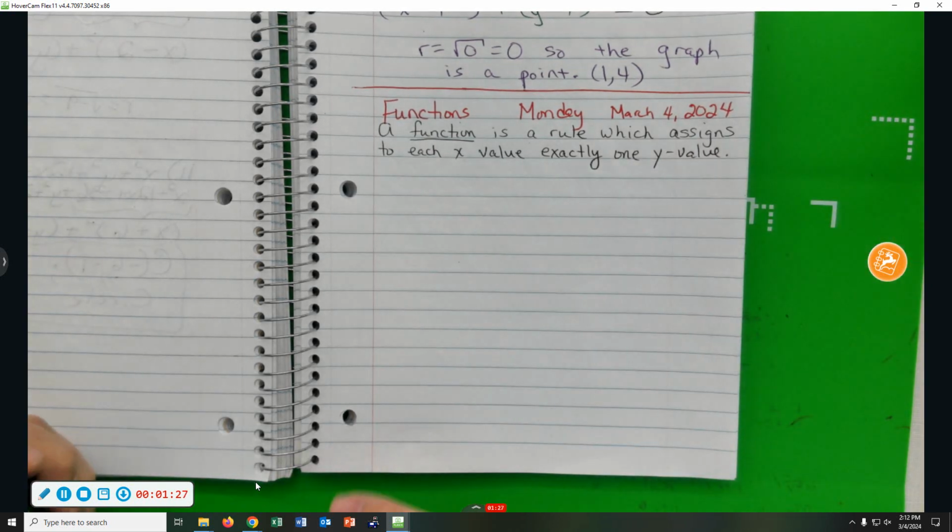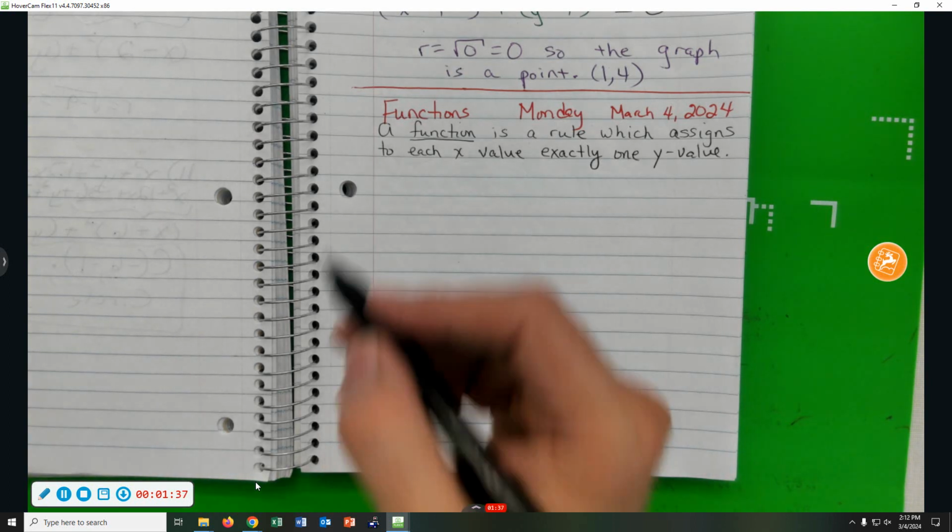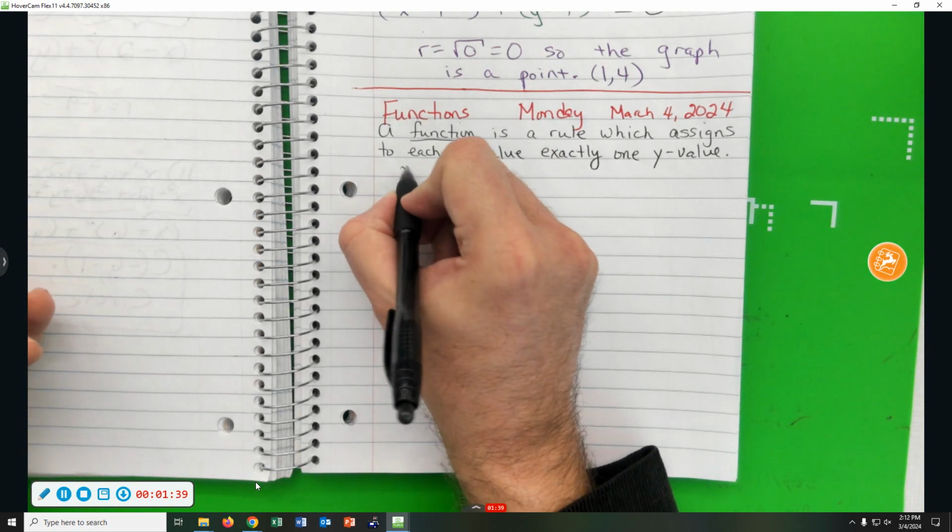So some sort of rule that assigns x values exactly one, or sometimes you'll see it say one and only one y value.